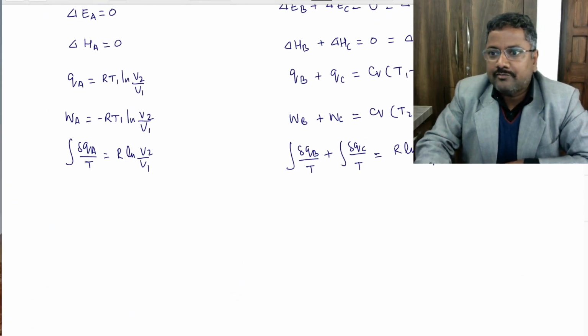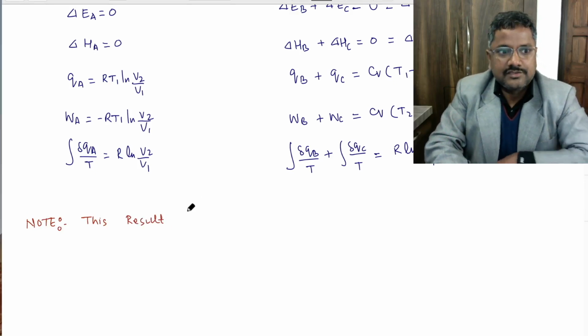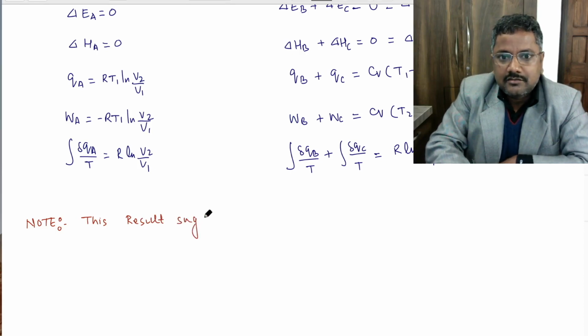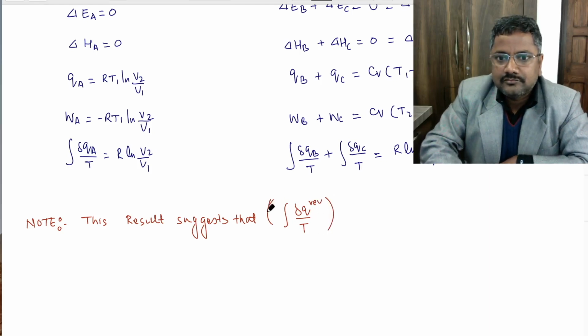So we can put a note here. This result suggests that delta Q by T reversible is a state function.